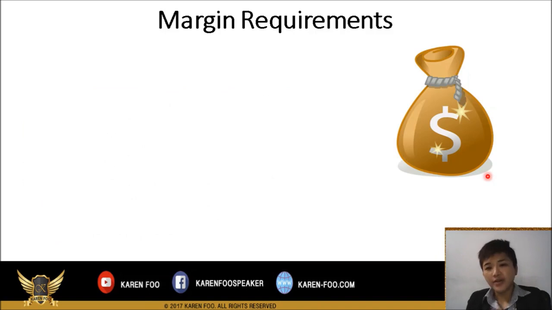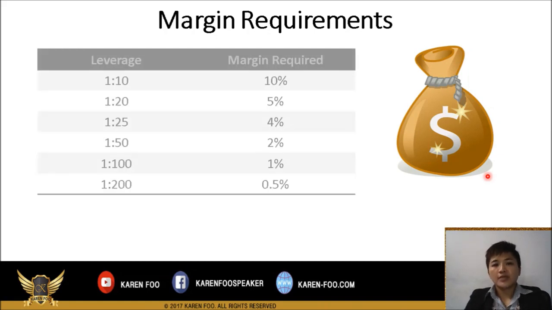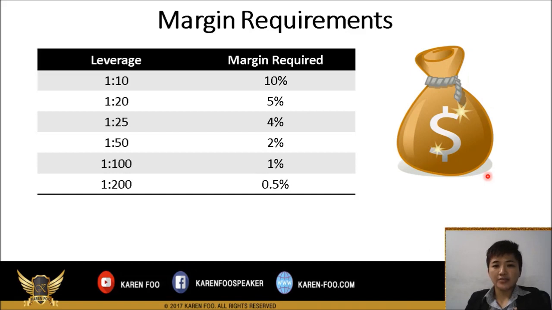So the margin requirements would depend on many different things, but the margin requirement would increase with your trade size. If you use a leverage of 1:10, then your margin required is 10%. Leverage is essentially a reciprocal of margin. What do I mean by that? Let's say you are using a leverage of 1:20.